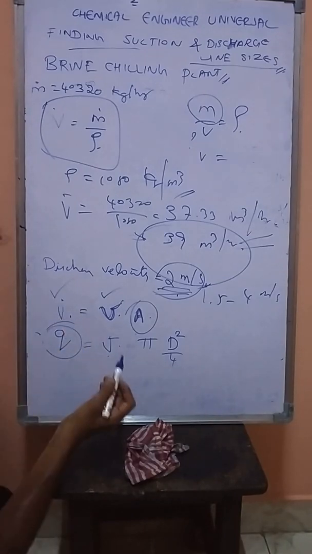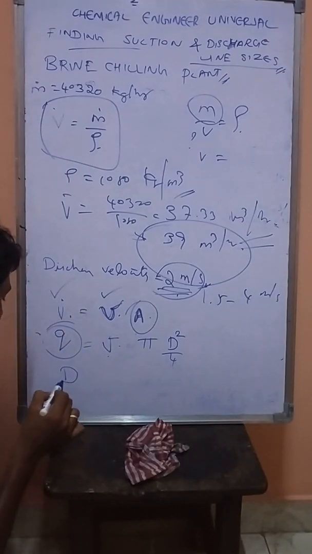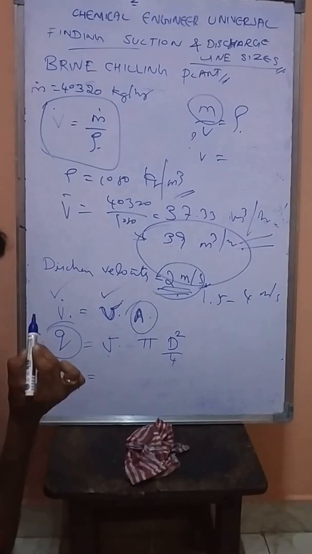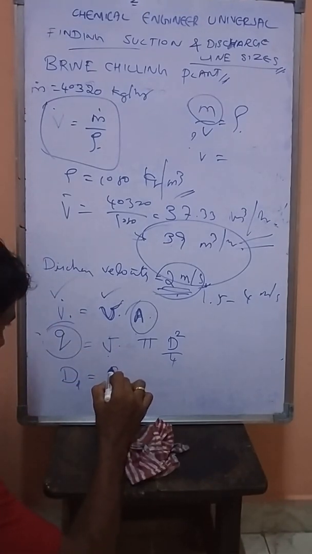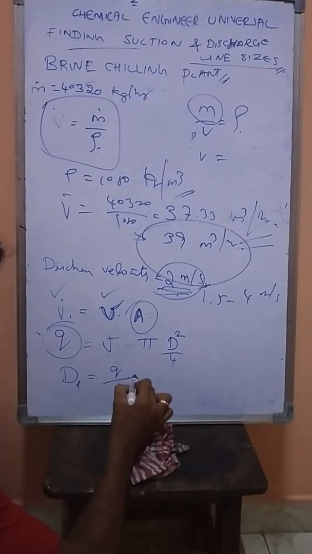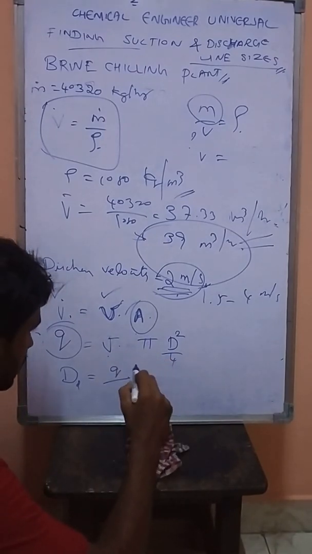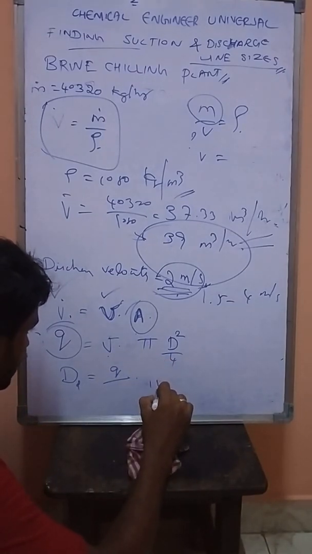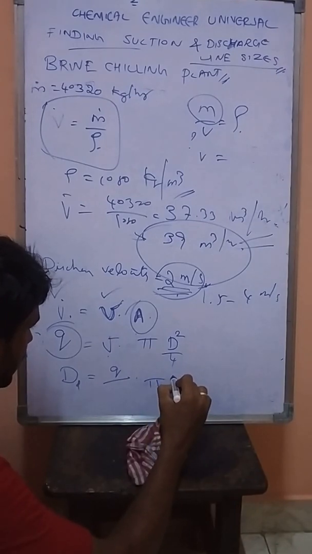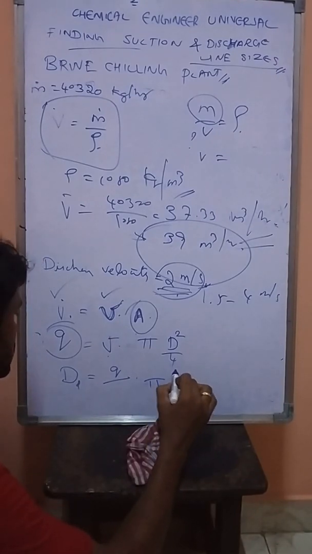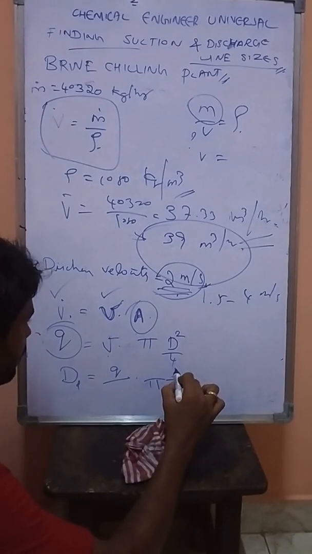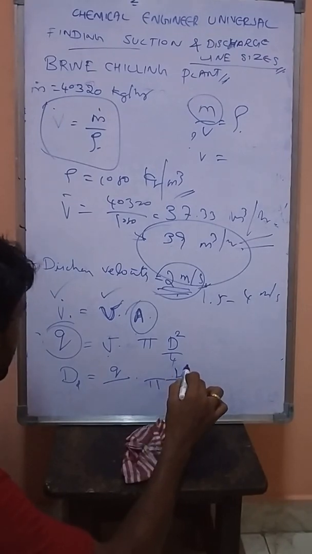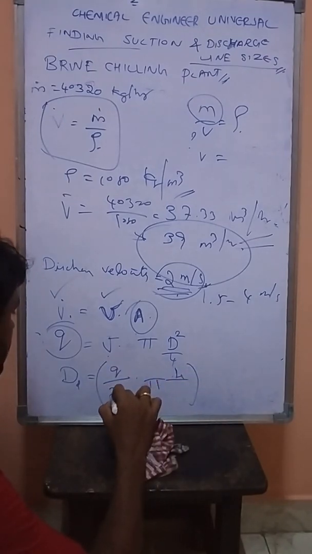If you use this, the discharge line size diameter will be like Q into, in the denominator, pi into velocity, all divided by 4, whole to the power.